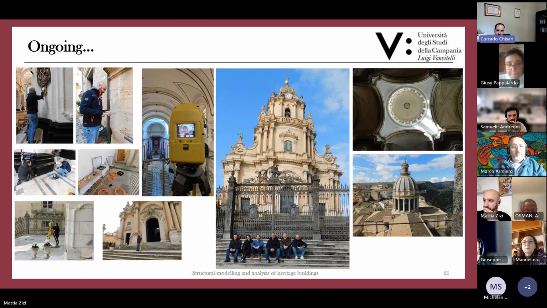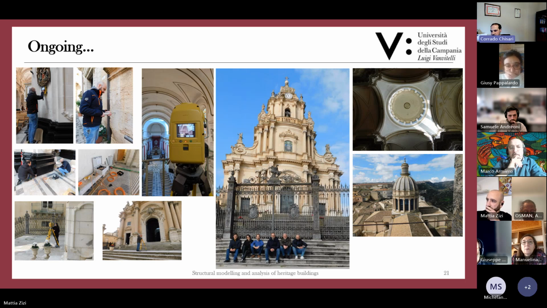So on the right you see Mattia doing material testing, non-destructive material testing to identify the structural configuration of the columns and the main material of the blocks, and some moments where the other researchers that were with us, Domenico and Rosina, were performing a geometrical survey of the structure.